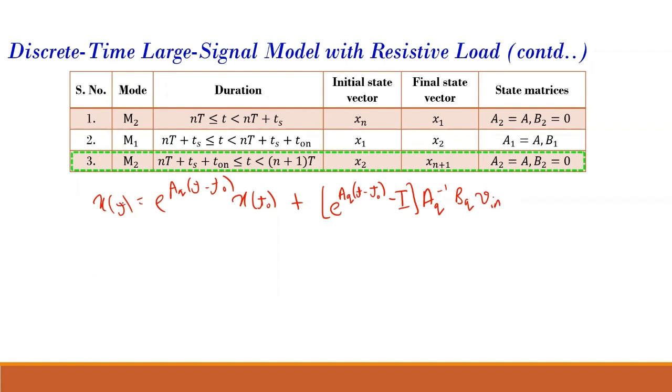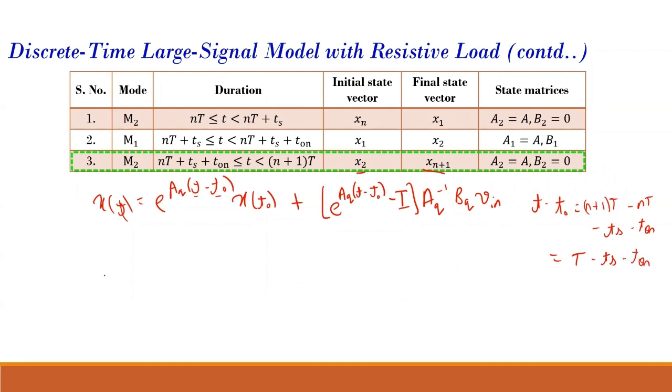Now x of t in this case is equal to x of n plus 1, and x of t0 is equal to x2, and my t minus t0 comes out to be t minus ts minus t_on.